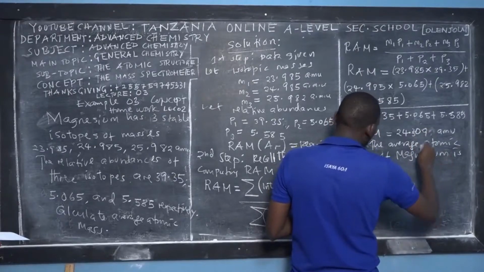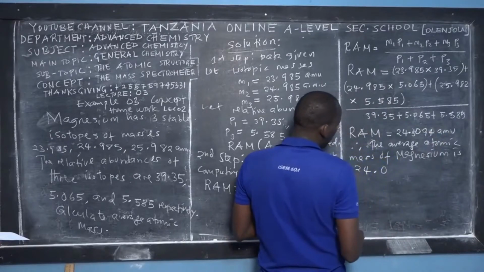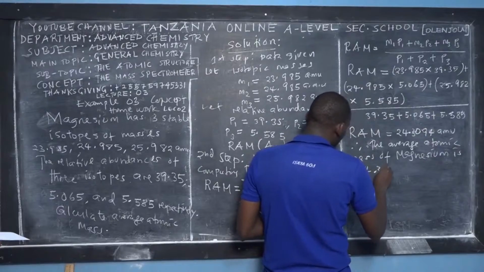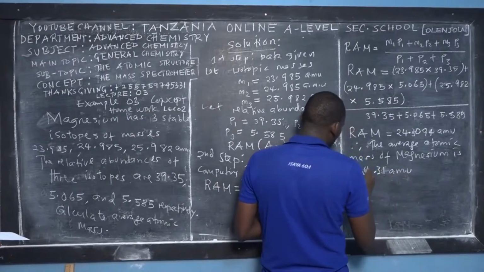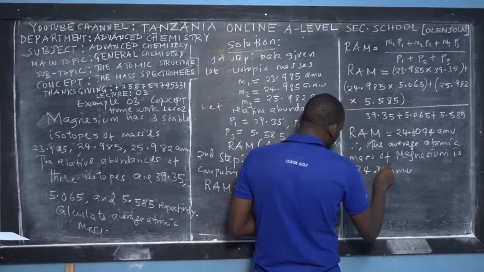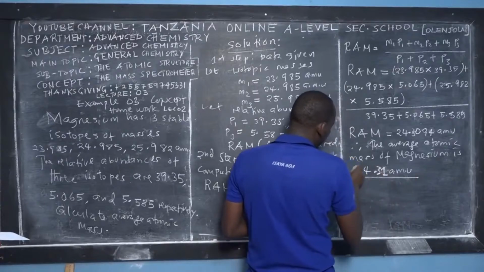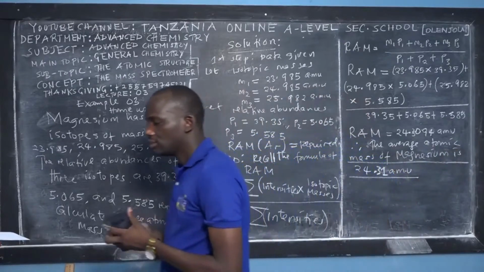If we write the response in 3 decimal places, and then we find this atomic mass unit, it is 24.31 atomic mass unit. So this is the final response of what we have been asking.